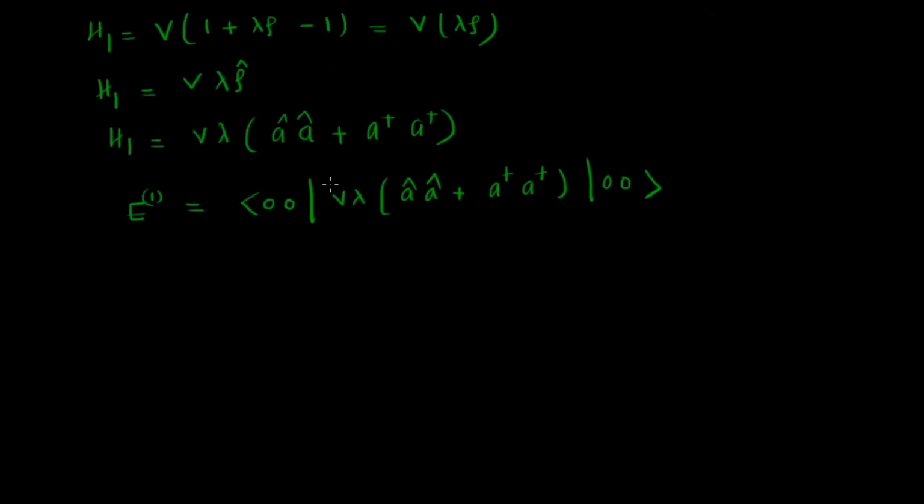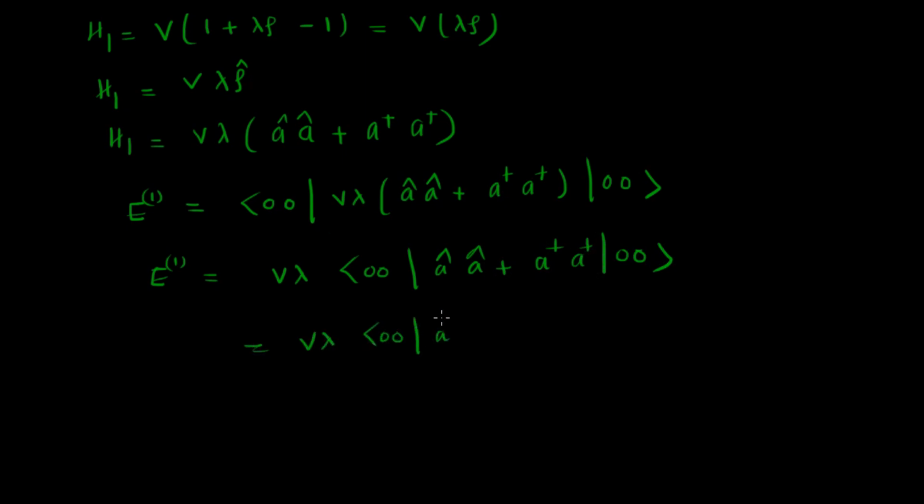Now I'm going to take V lambda out, because they are constants and don't matter for the operation. We get V lambda times 0 0, a plus a dagger, acting on 0 0, and we open it as V lambda times 0 0 a on 0 0 plus 0 0 a dagger on 0 0.